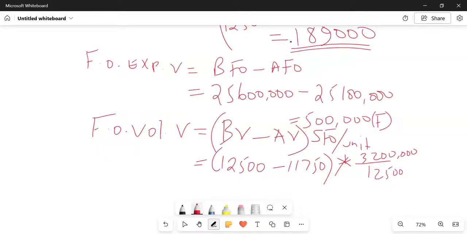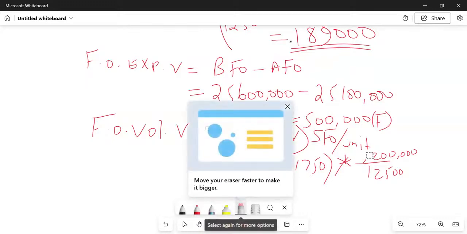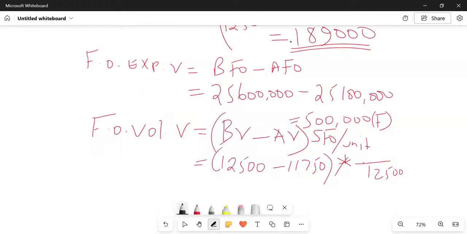What do we have there? Budget is how much? Yeah, fixed overheads. 600. So you are saying 600,000.